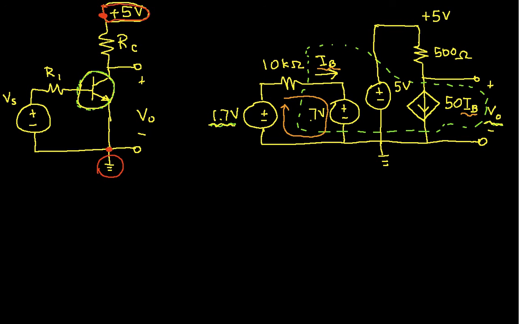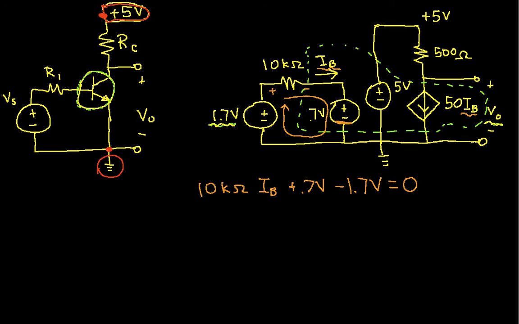So if we start here at the resistor, we will have 10k ohms times I sub B, that's the voltage across the resistor, plus 0.7 volts, that's the voltage across this guy here, minus 1.7 volts. That's this 1.7 volt source, but we're going around the loop from minus to plus, and this all equals 0.